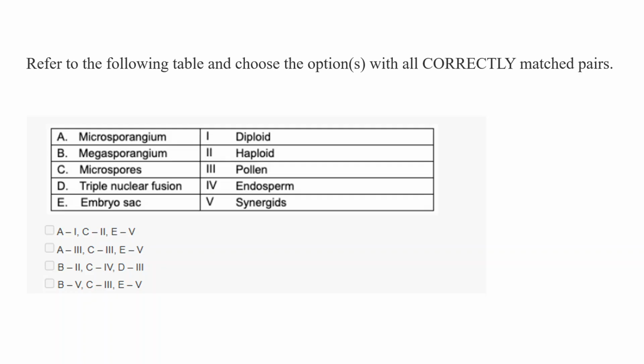So the question is, refer to the following table and choose the options with all correctly matched pairs. A. Microsporangium. B. Megasporangium. C. Microspore. D. Triple nuclear fusion. E. Embryo sac. And on the other side, diploid, haploid, pollen, endosperm, and synergids. Okay, so I'll give you 2 minutes and then we'll discuss the question.